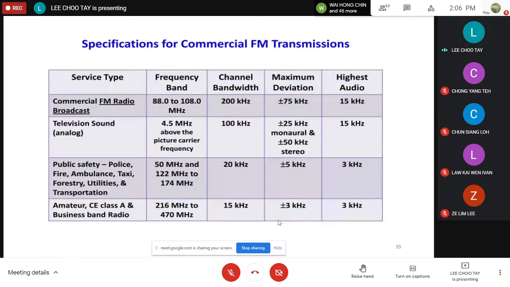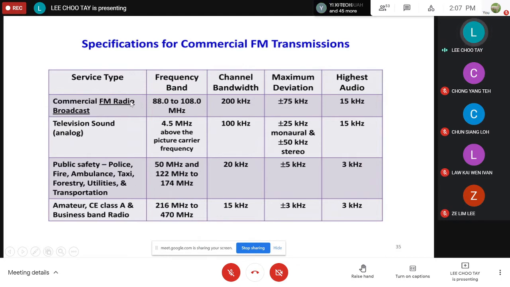So this is a list of specifications for FM transmission. This table shows you 4 types of commercial FM transmission. The first one is the commercial FM radio broadcast, the one that I don't know whether you still listen to or not. The one FM, Mix FM, Hits FM, and so on.